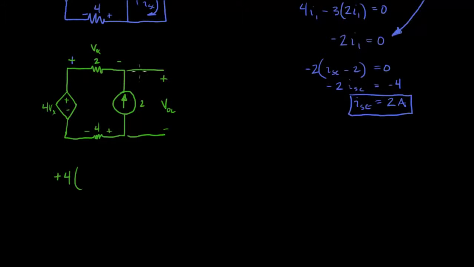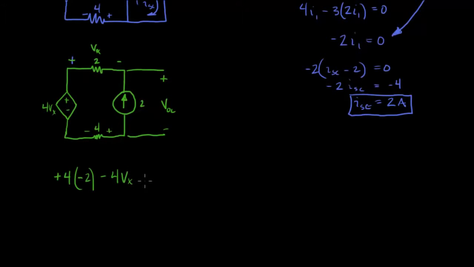Now notice that there's no current flowing through here. All of the current's flowing through here. And this current source is telling us that our current is flowing in the opposite direction of our polarities. So that's going to be negative 2. Okay. And then continuing on, we go through the negative terminal. So minus 4Vx.